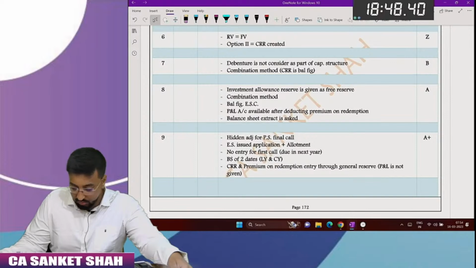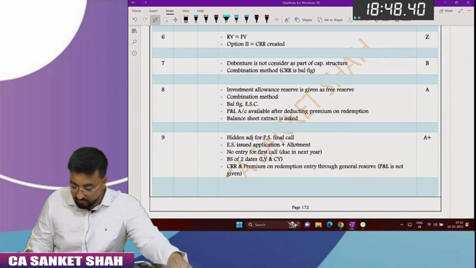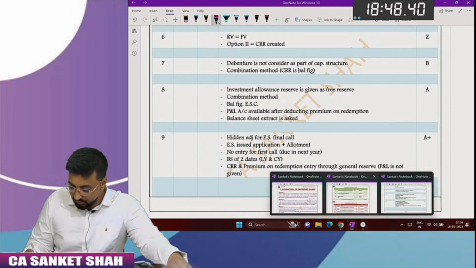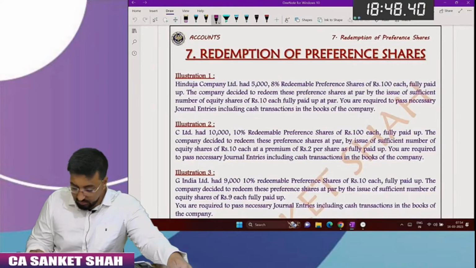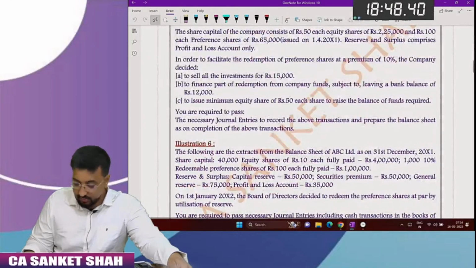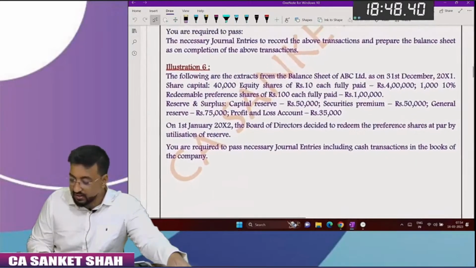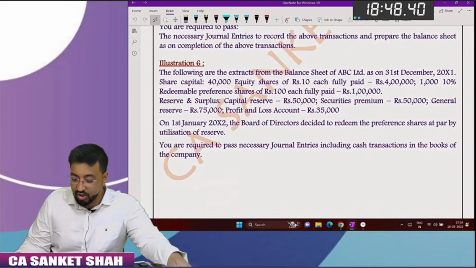Next one. Now question number 6. The following are the extracts of balance sheets.